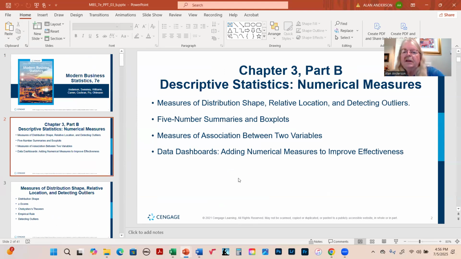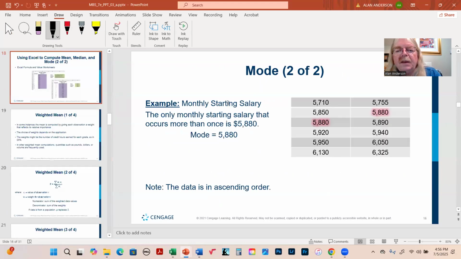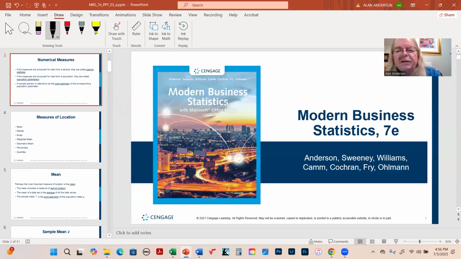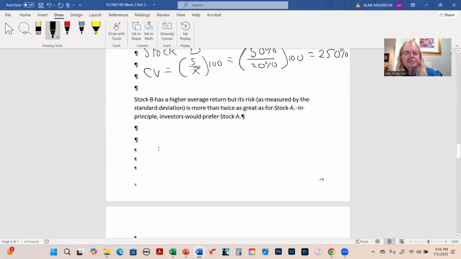Okay, so those are referred to as measures of association. So we will know three types of measures: measures of location. Let's make a note of this here.